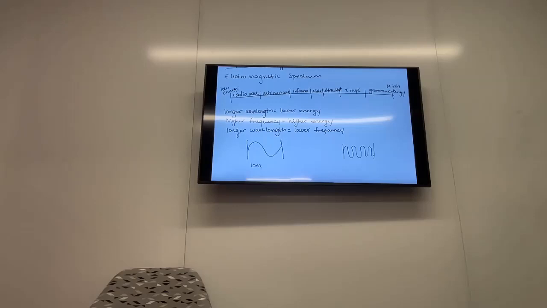Because long wavelength, what does that mean for frequency? Low frequency. What does that mean for energy? Lower energy. This one has a short wavelength, which means its frequency is high, and that means its energy is high.